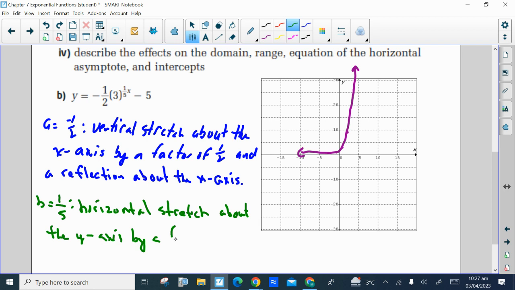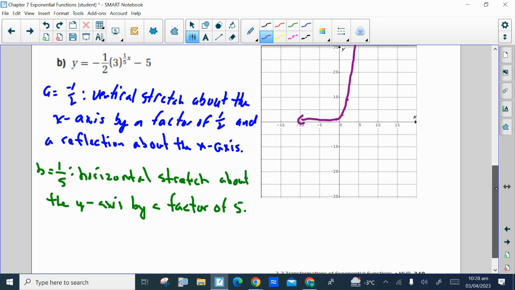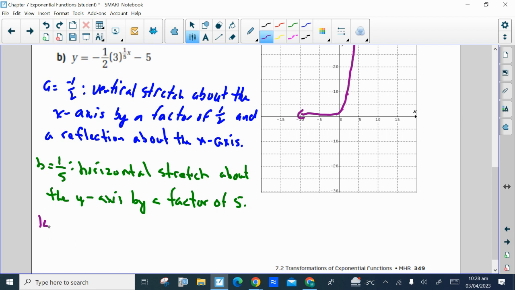And the stretch factor is always the reciprocal of b. So horizontal stretch by a factor of 5. And we have a k value of negative 5. So that's going to shift the graph down 5 units.